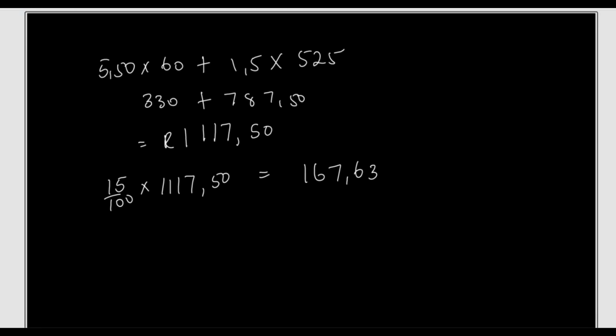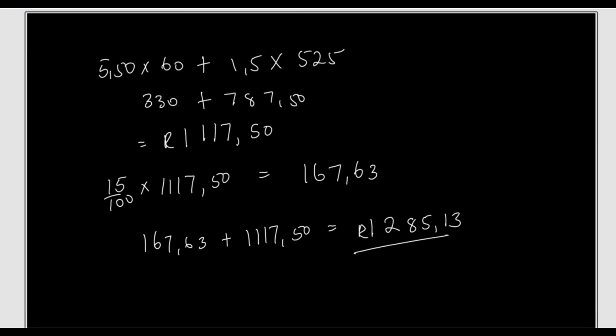Then I need to add the VAT to the original amount that needs to be paid, meaning 1,117,50, so the total amount that will be paid will be 1,285,13 rands. That is one way of doing it.